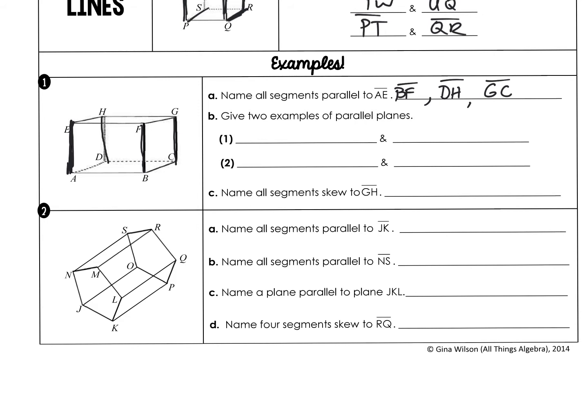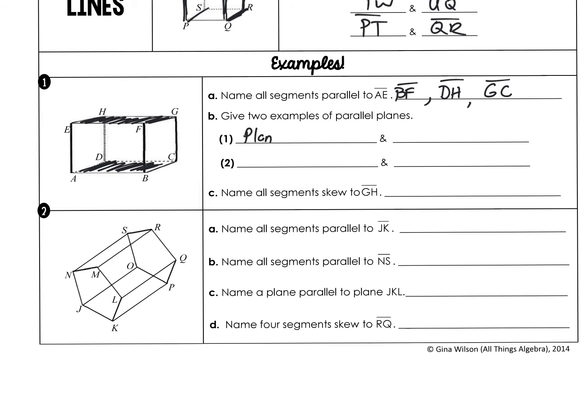Okay, give two examples of parallel lines. Well, there's more than two. Oh, I'm sorry, parallel planes. So we have plane EHF is parallel to plane, or EFG, however you want to do it, plane ABC.